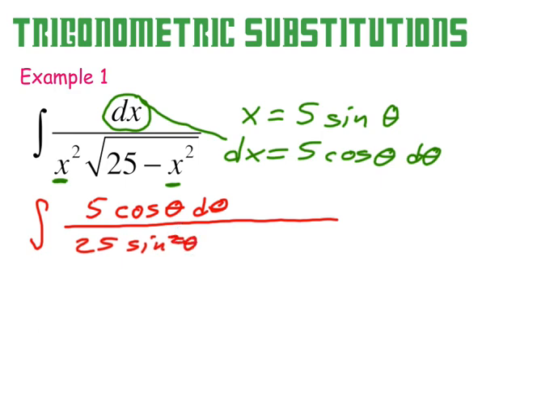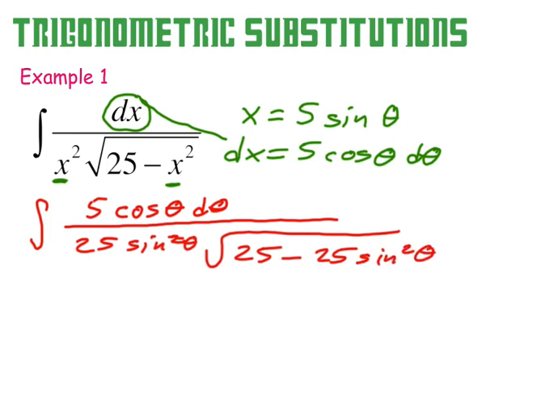And then our square root of 25 minus x squared, and again, doing the substitution, that becomes the square root of 25 minus 25 sine squared theta. Written out, I think you'll all agree we certainly made it look a lot worse.